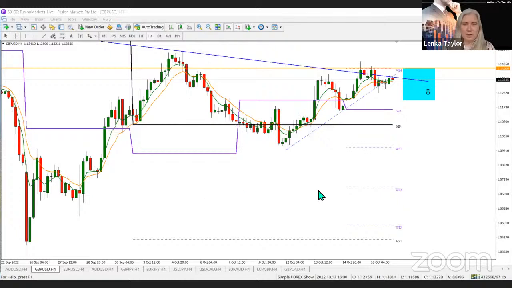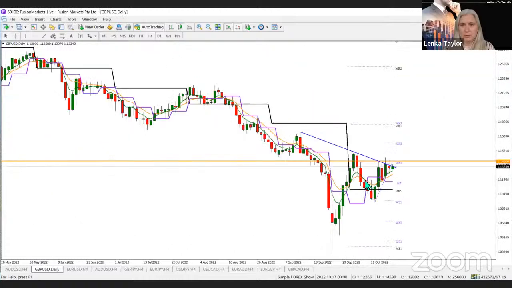I'm starting with GBP USD. And what I'm looking at here is an opportunity to go short. On the bigger picture, we have come back to this level that was a level of support before. We've already had a false break through that level.